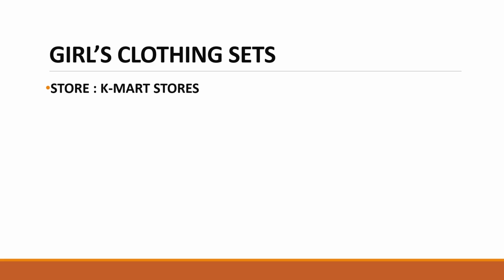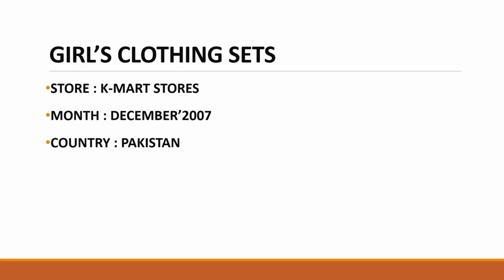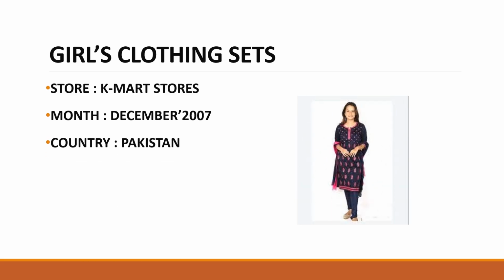Later on it was acquired by Sears. The month was December 2007, and the country was Pakistan, and in countries like Pakistan you will find a lot of such stores from where this girls' clothing set was recalled by Kmart. So this is one of the issues of recall.